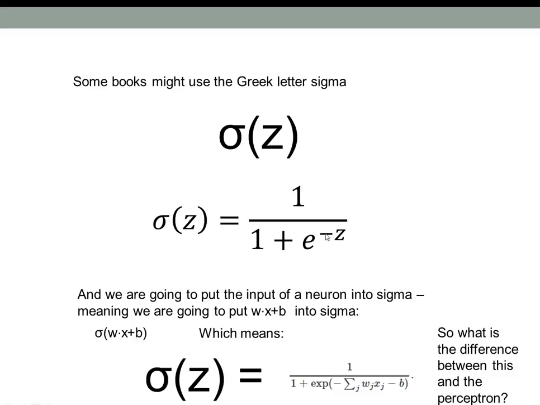So instead of using e to the superscript, they just use exp, because it's all one line. But what's going in there is this. Okay? Is that clear? It's really not that complicated. It looks pretty complicated. But we're just putting the input into here, which is what we said we wanted to do. Is that clear or not?